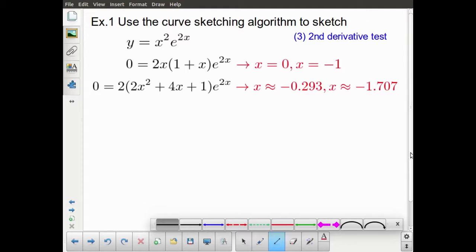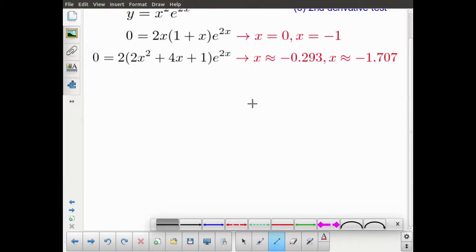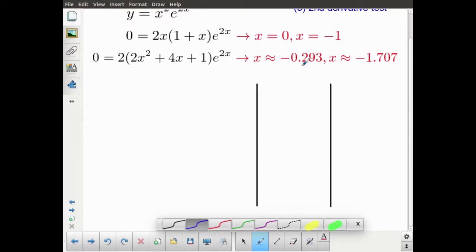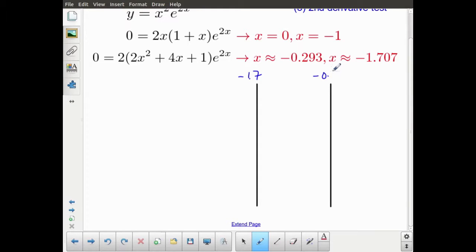And I don't have any vertical asymptotes or anything like that. So I've got two values here, which means I need to have two dividers. One of those dividers is going to be negative 1.7, and the other one is going to be at negative 0.3. I'm just rounding those off.